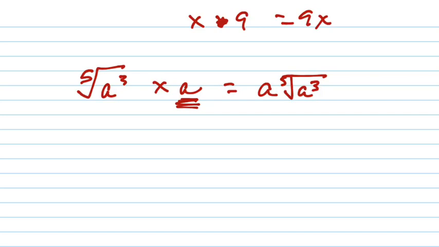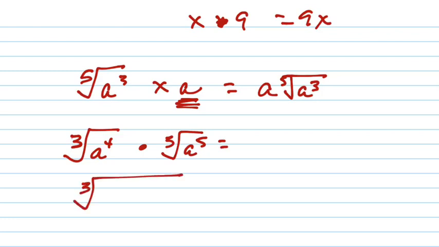Wait, can we do number 2? Okay. Number 2, with the index that you see behind it. Sure. We've got the third root of a to the fourth times the third root of a to the fifth. Well, the third root times the third root is still a third root, and it's a to the fourth times a to the fifth, which just means a to the ninth.